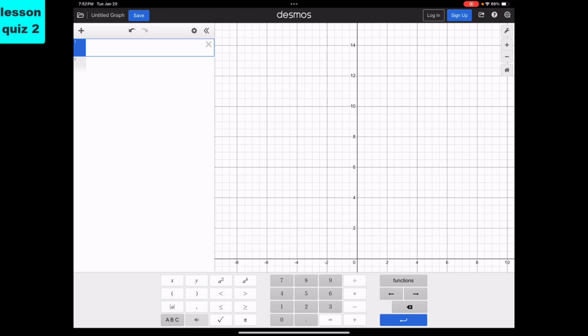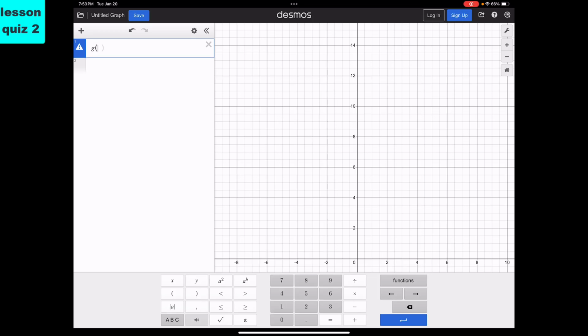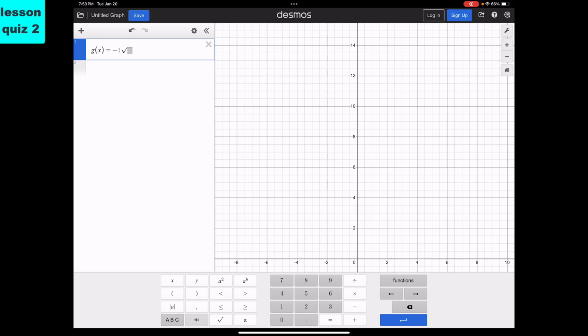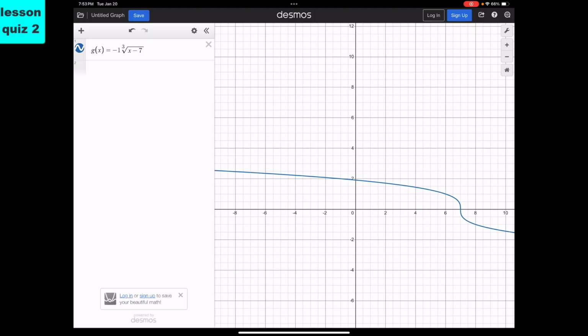Let's go to Desmos over here. Let's type in our function, g of x. Okay, so we wrote negative 1. We want a cube root, so go to functions, go way at the bottom. There's my index. And then inside will be x minus 7. Okay, so you see that it was shifted to the right.